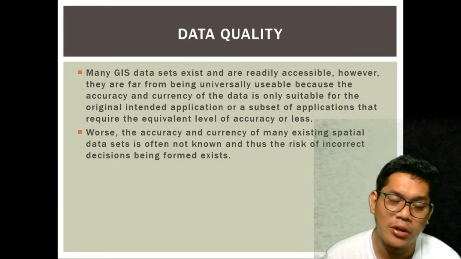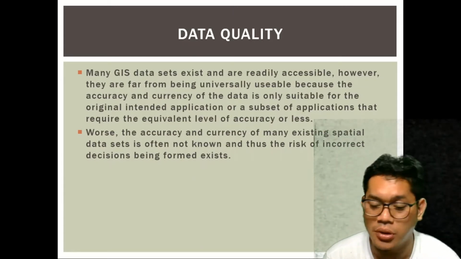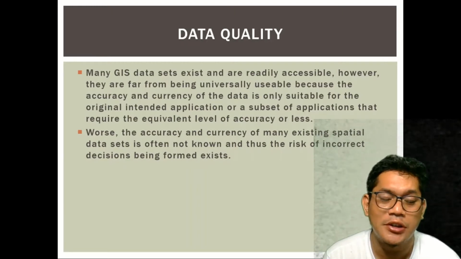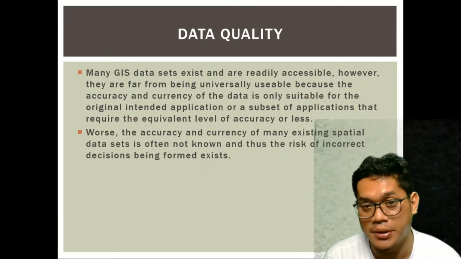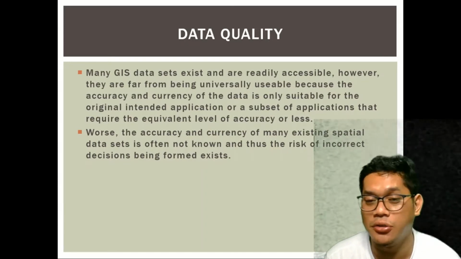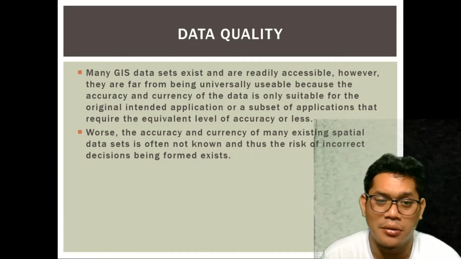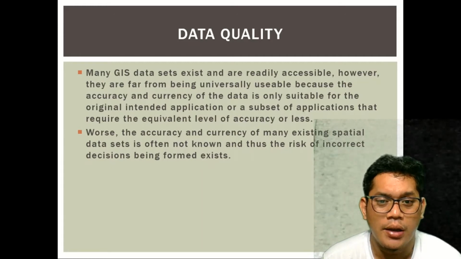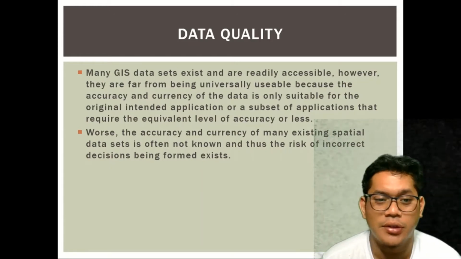We do have a lot of GIS data provided by the government, but most of it is created on an application or project basis. After the project is done, there's no effort to update the data, so the data might not be usable now, right? Only a subset of applications require an equivalent level of accuracy or less.